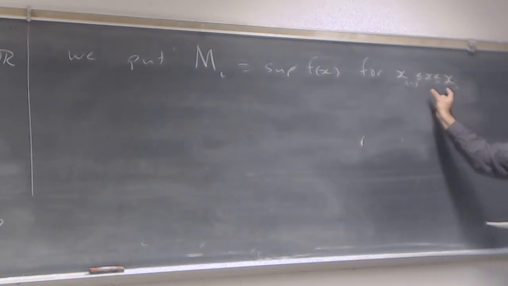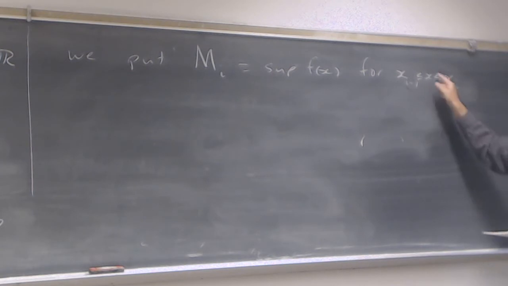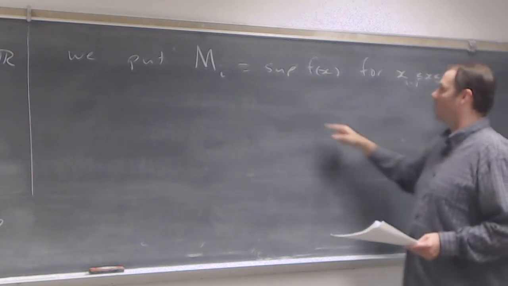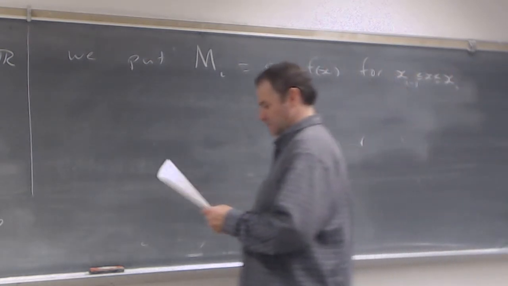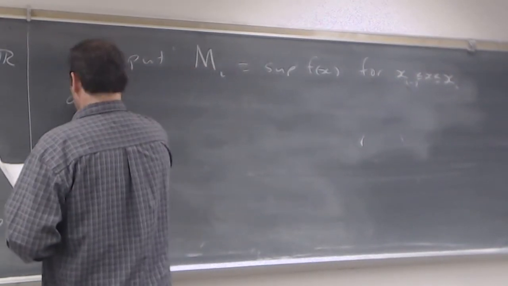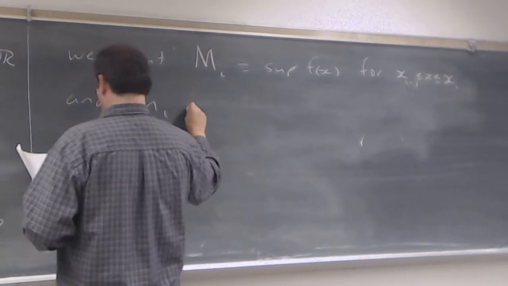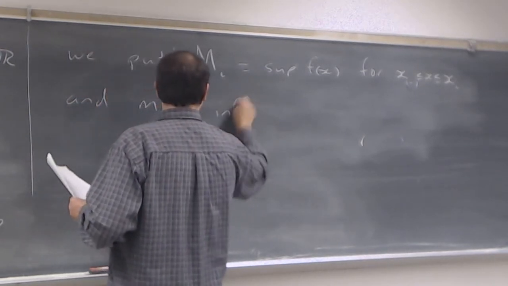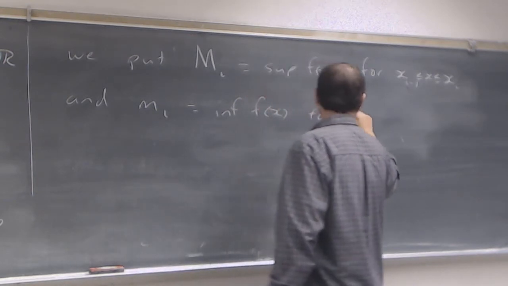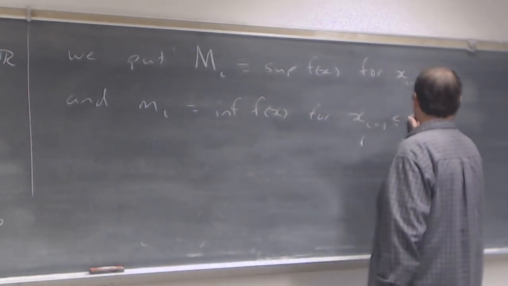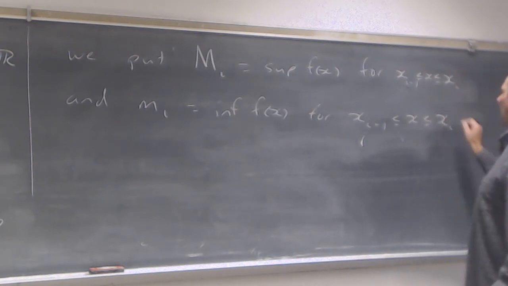And so we talk about that sub-interval from x_{i-1} to x_i. You look at all the x values in there, and big M_i is the sup of the output values over that sub-interval. And we let little m_i be equal to the infimum of f(x) for, again, x_{i-1} less than or equal to x less than or equal to x_i.